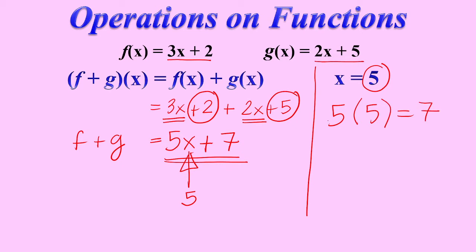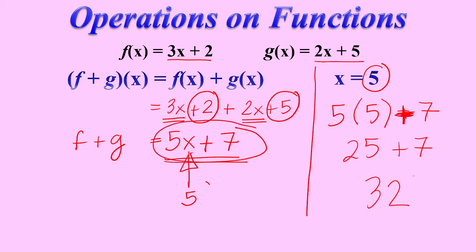Okay? So what is 5 times 5, 25. 25 plus 7, 32. So meaning, naa kay answer nga 5x plus 7, napod kay answer nga 32. Sa addition lang na siya. Nakasabot sa buhaton, class?